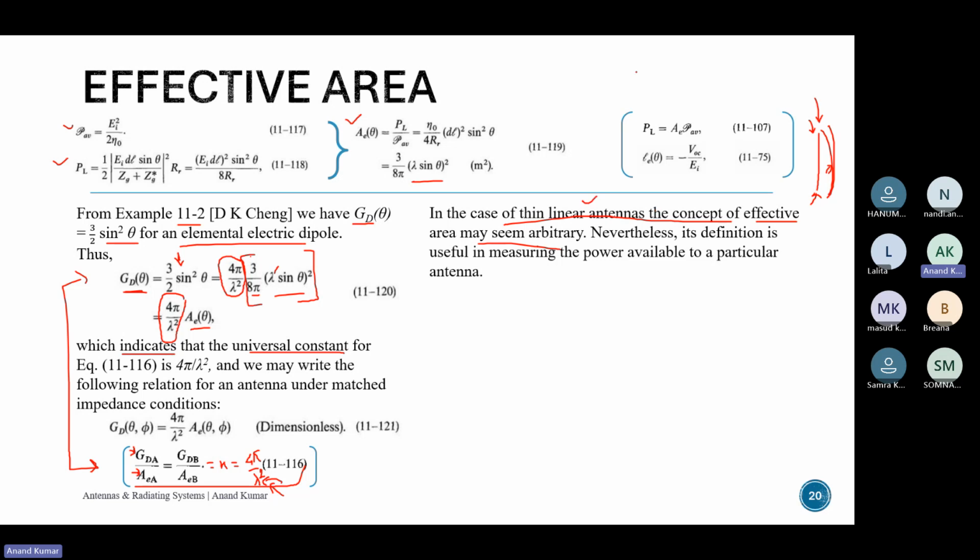But if, for example, you have a horn, it will have an aperture which is radiating, or you have a patch. In these cases you can actually get a very good insight of how much of the area that your antenna is using is actually radiating.